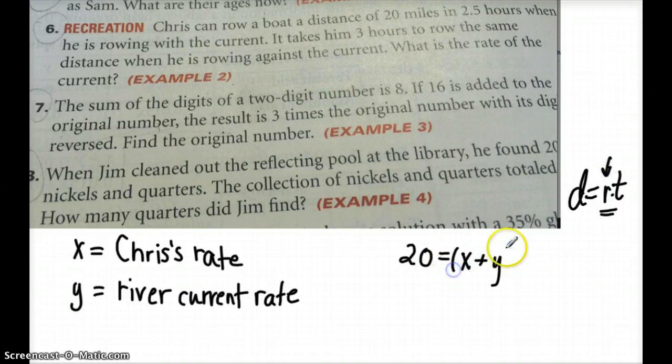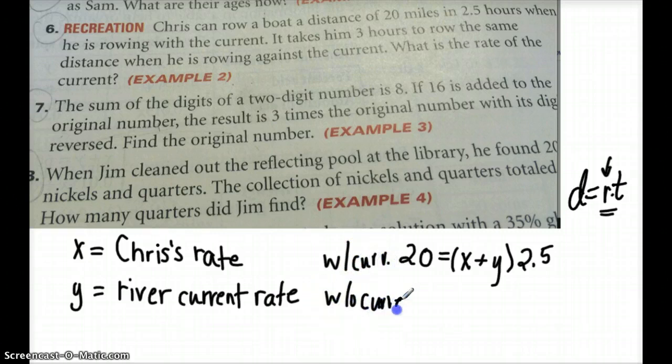And then the time it takes him is 2.5 hours. So his rate plus the current's rate times the amount of time it takes him would equal 20 miles, because that's how far he can travel. So this is with current. And this is going to be without current.